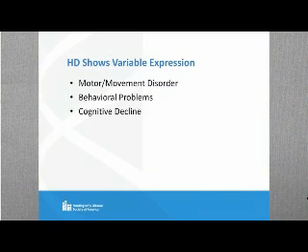You can have behavioral problems with personality. You can have cognitive problems with thinking and attention and executive functions. These are the various expressions of Huntington's disease, and some people will mostly have one, some people may have two, or some people may have all three. That's the variable expression.